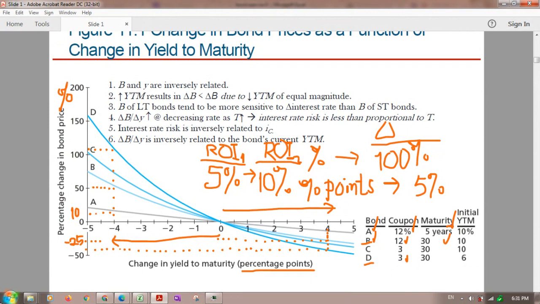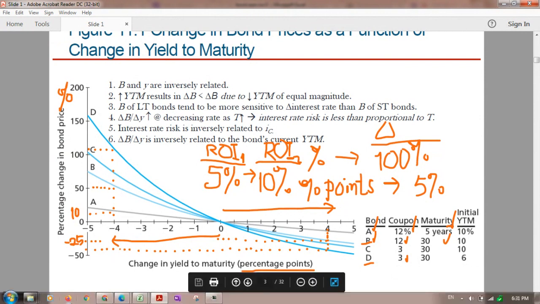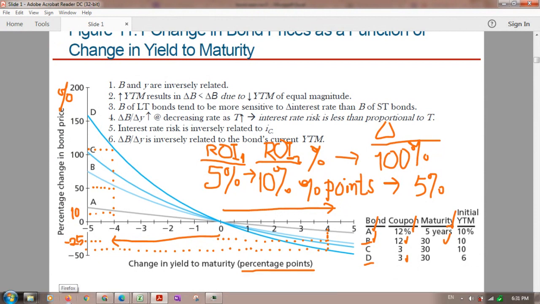In other words, the lower the duration, the better it is, right? The lower the duration, the better. That means the flatter the slope, the better it is.